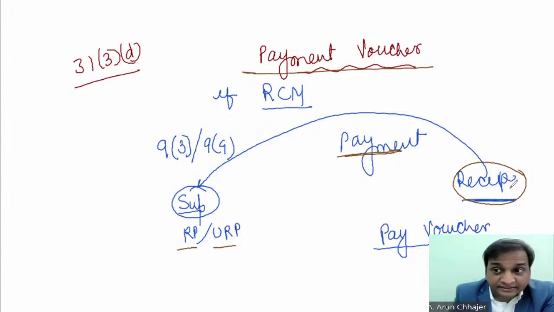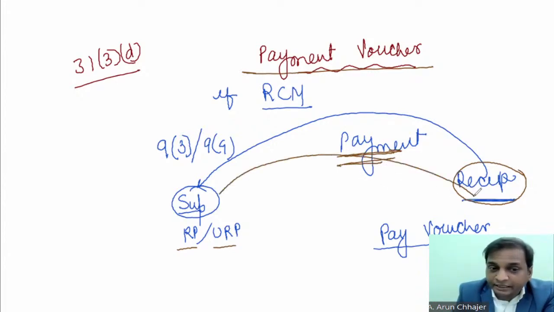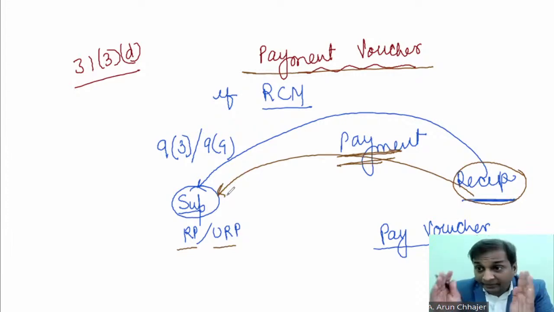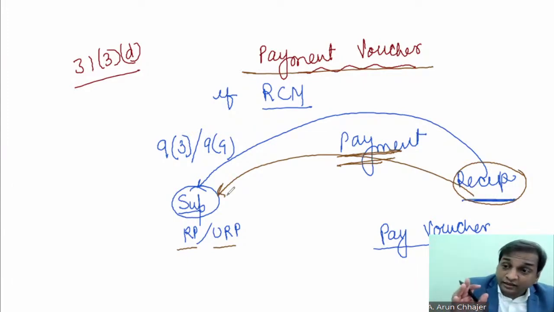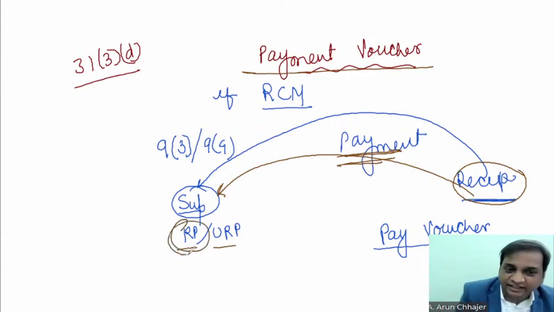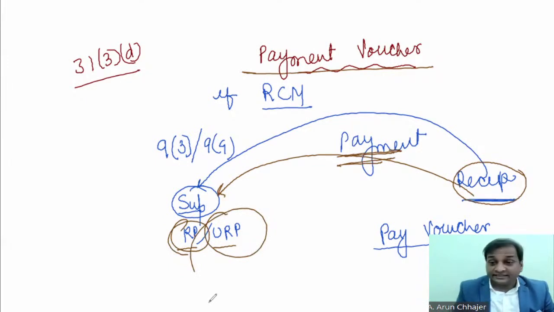It is prepared whenever the recipient makes a payment to the supplier. Please note, the payment voucher is not for the payment of the taxes. Payment voucher is for the payment to the supplier only, in case of an RCM transaction, whether the supplier is registered or unregistered. And this numbering would be reported in the GSTR1.